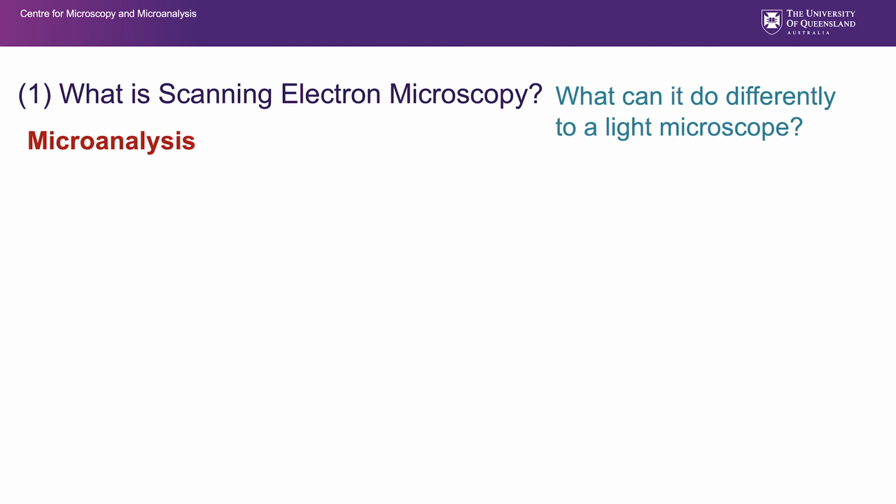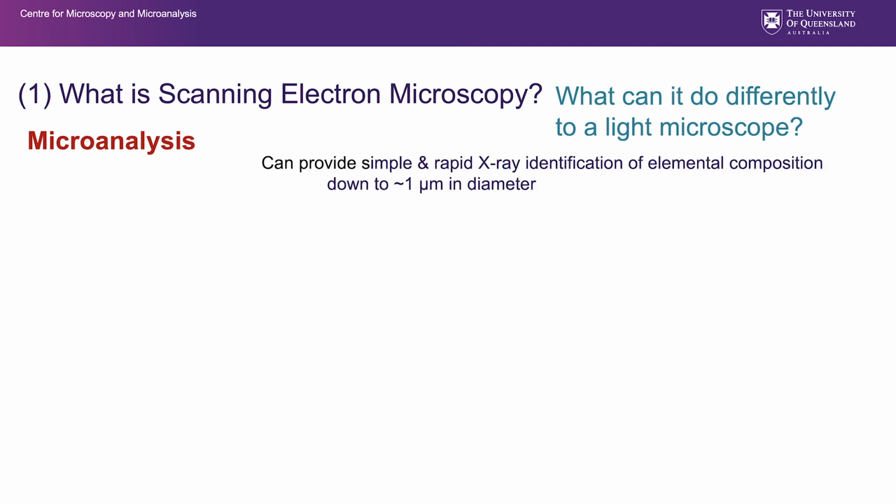So what can a scanning electron microscope do differently to a light microscope? Microanalysis is something that it can do, obviously apart from the routine high-resolution imaging that we so often recognise and use. Microanalysis can provide X-ray identification of elemental composition down to about a micron or greater in diameter. It's not nanoanalysis.